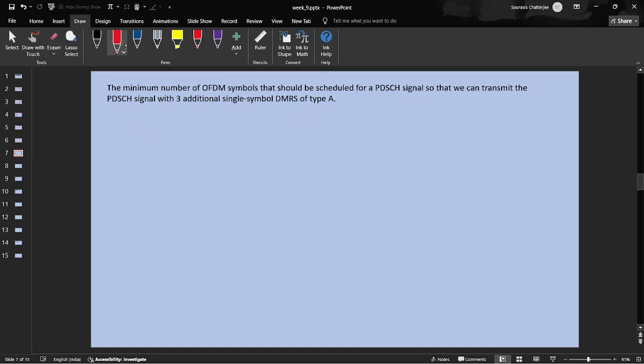Is that 12 or 13? If I remember, it's 13 only, right? When the number of symbols is 13 and 14, then only three additional DMRS.